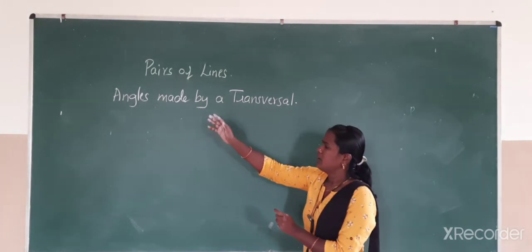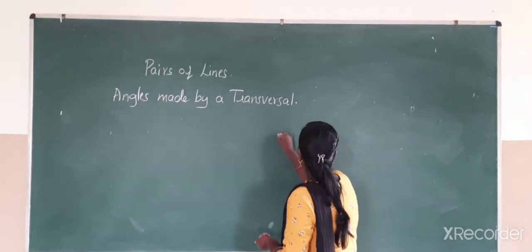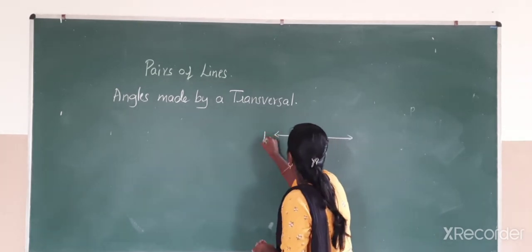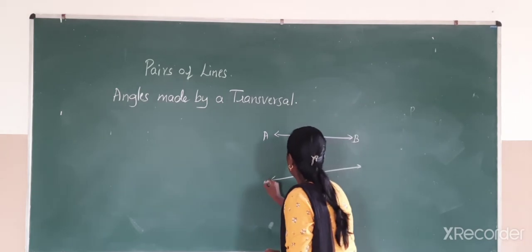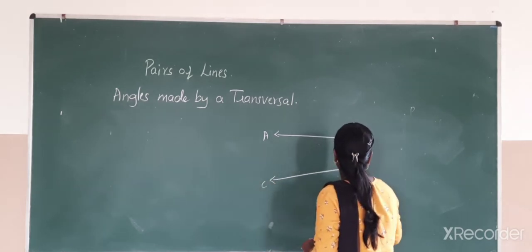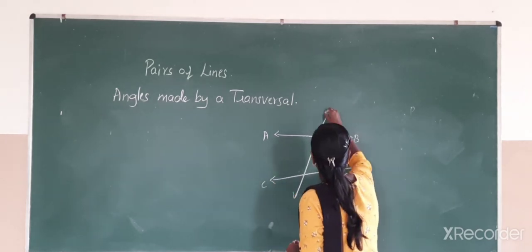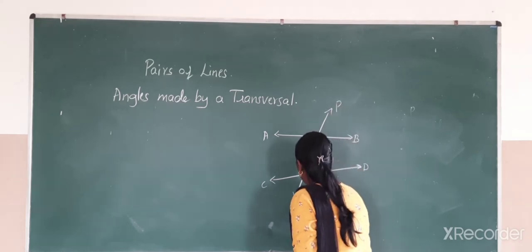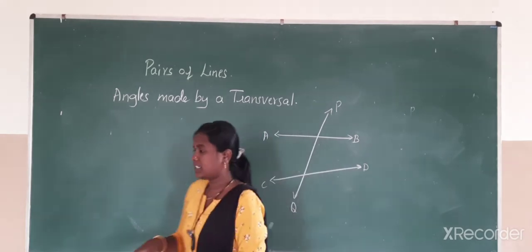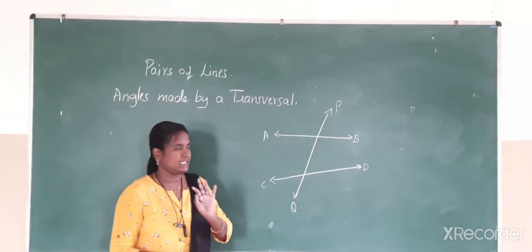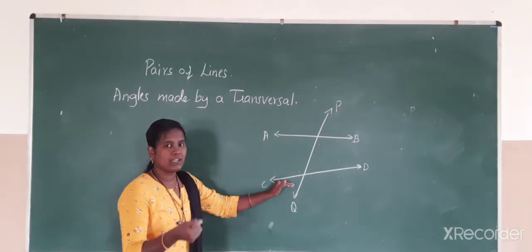Now, while drawing the figure, we'll take AB and I'll consider this line CD. This is the line PQ, where PQ is the transversal, and AB and CD are the pair of lines.